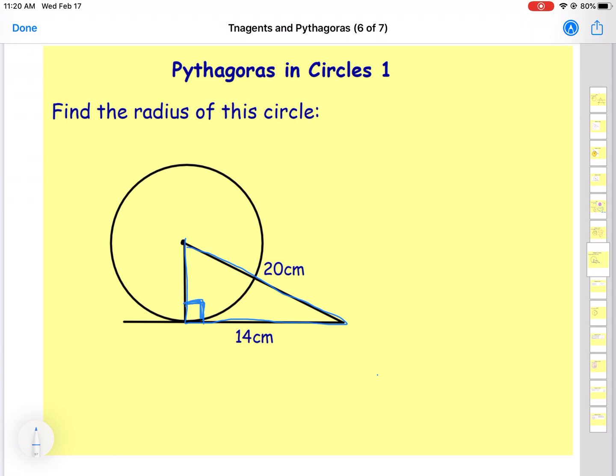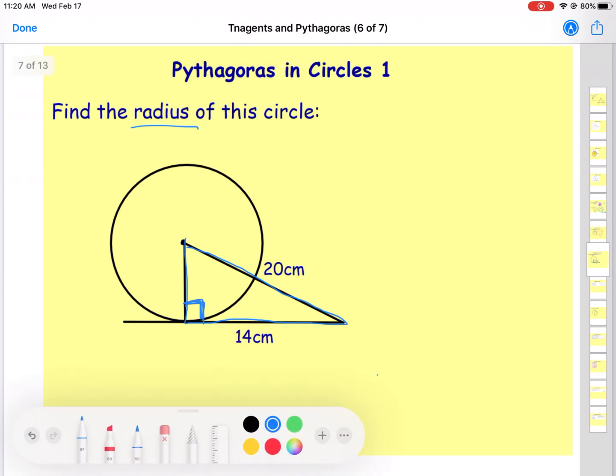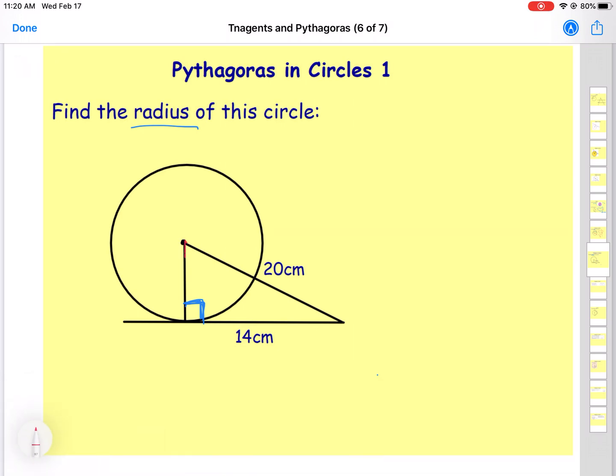Okay, so we need to know the words, particularly the word radius here. We're looking for the centre of the circle to the outside of the circle. So the line, this line here is the one we are trying to find. Now I should really have marked on this 14 is actually just the length of the triangle base. It's not the length of the whole tangent.